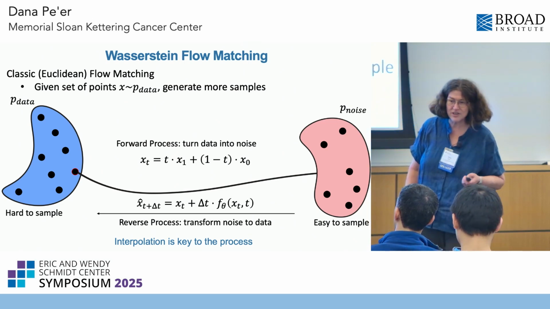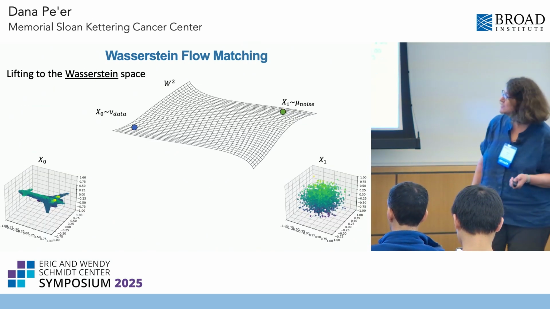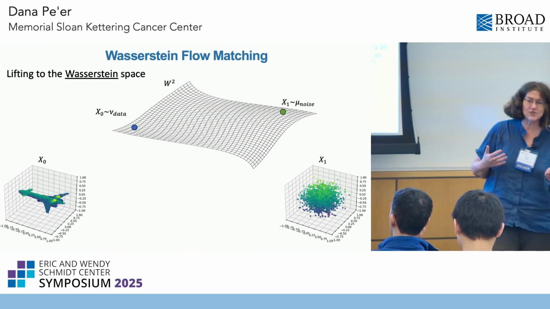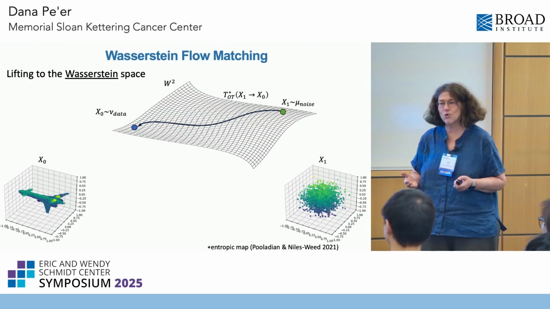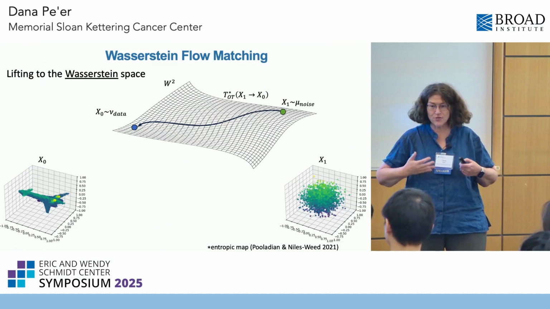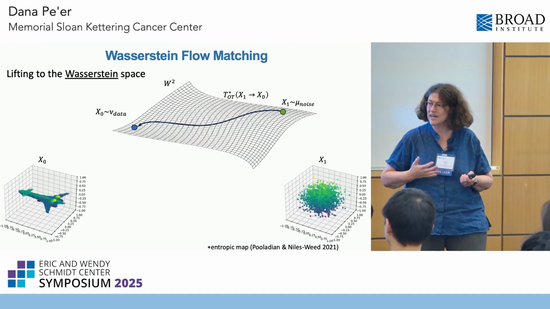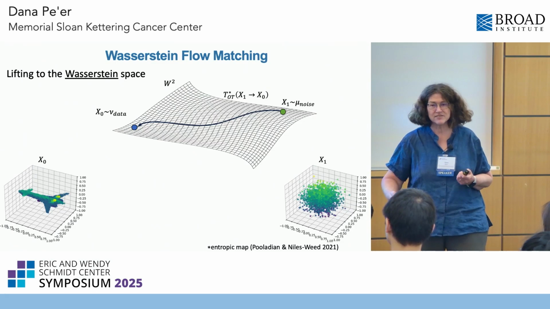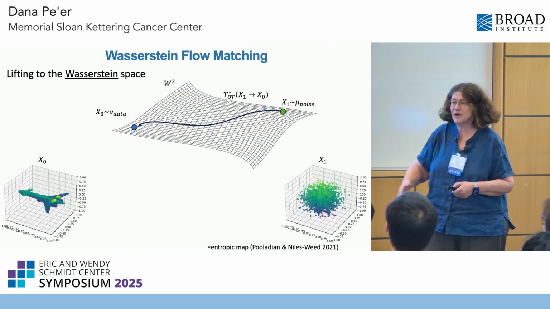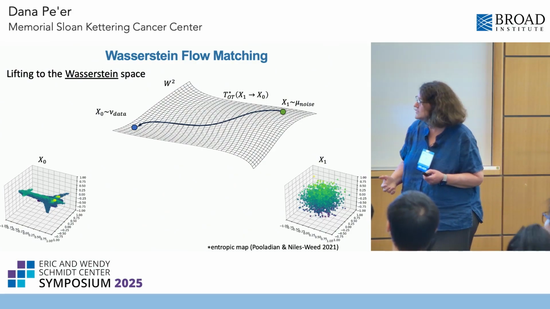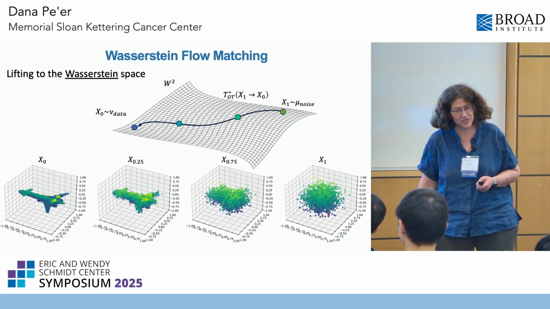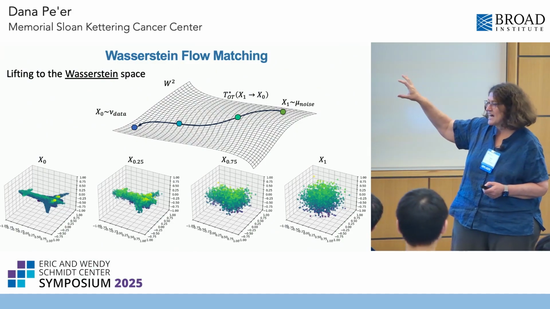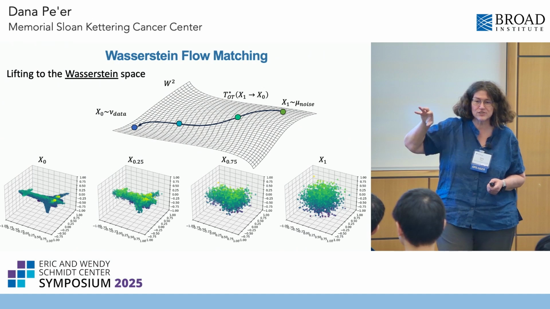But I've just shown you that I can do interpolation in this Wasserstein space. So I can take the classic flow matching algorithms and lift them into the Wasserstein space through the wormhole embedding, which now allows me to approximate this weird Wasserstein space, but in a Euclidean world, and now go from noise to airplanes in this space, which allows me to map entire distributions.